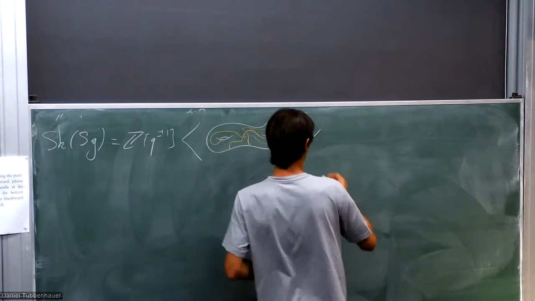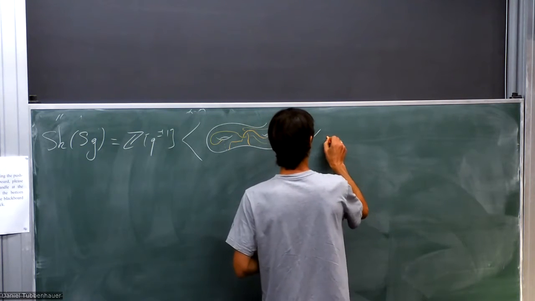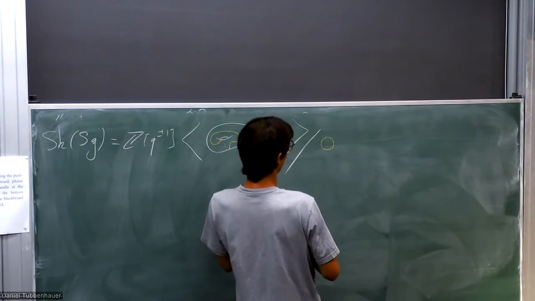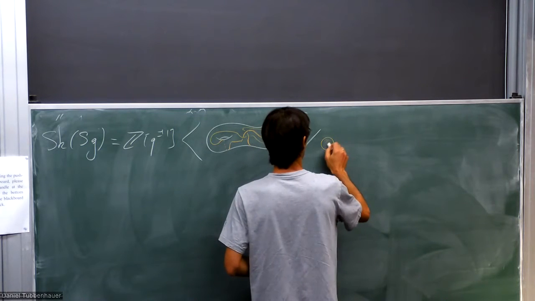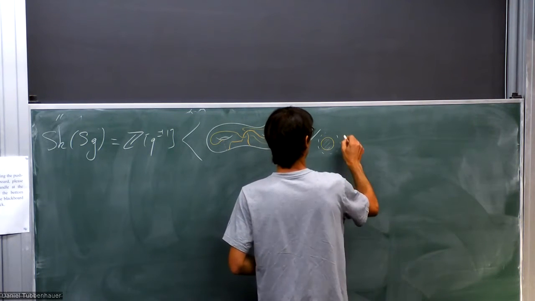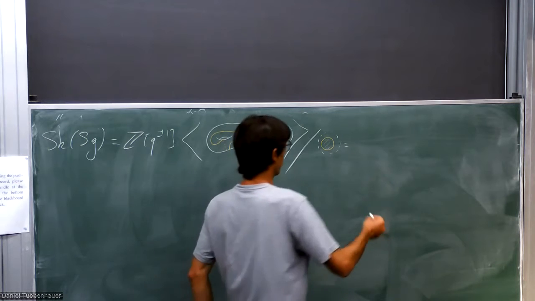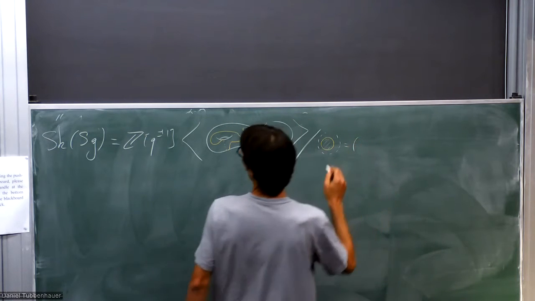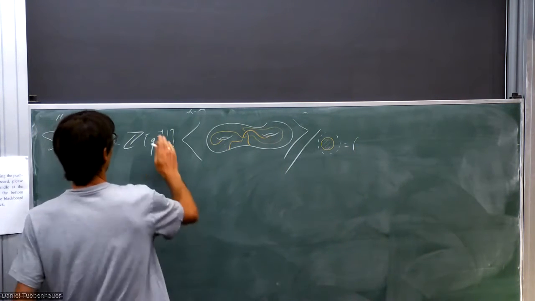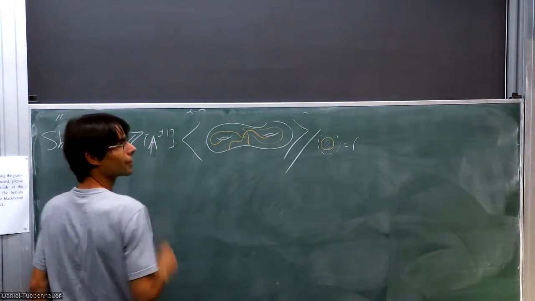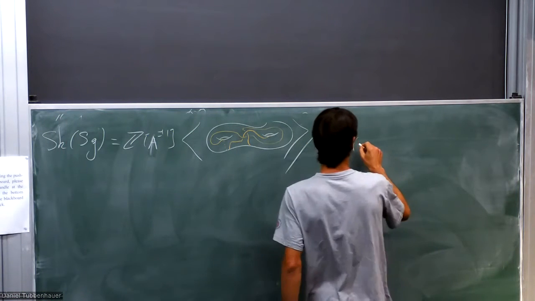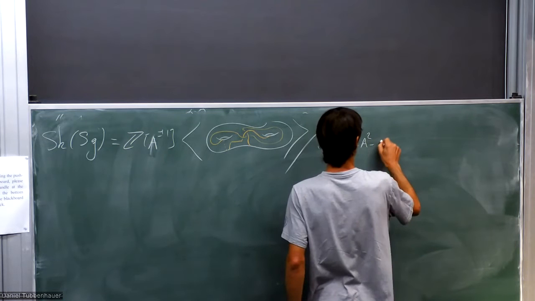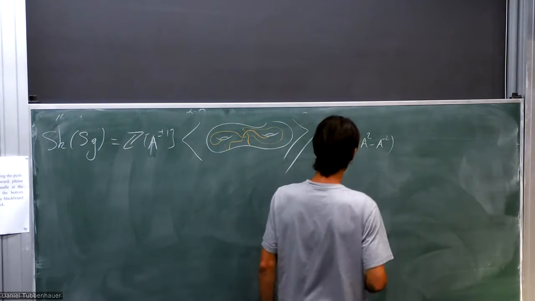The first one is that whenever there is some small unknot that bounds a disk, that can be removed at the cost of a factor.